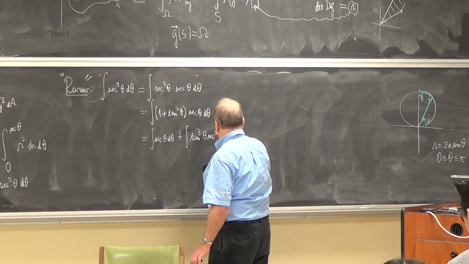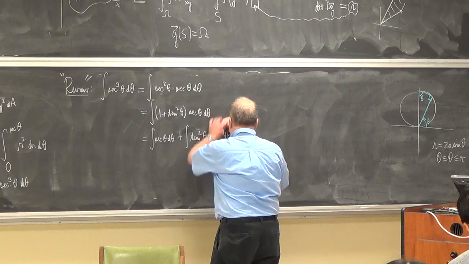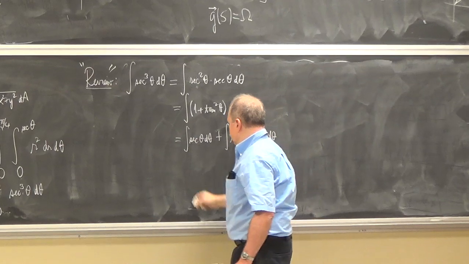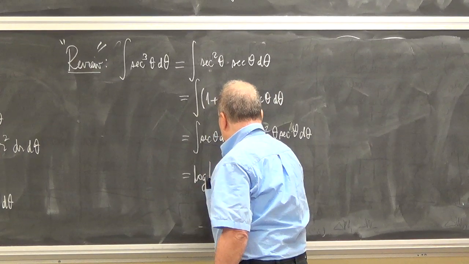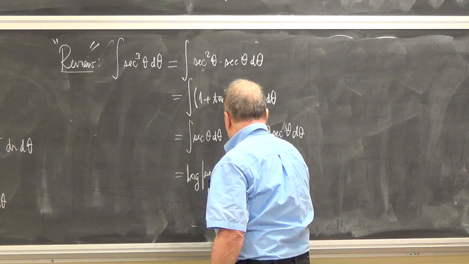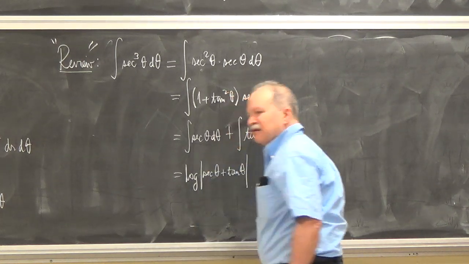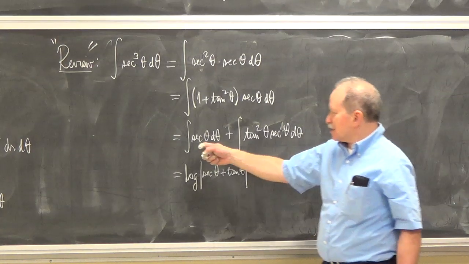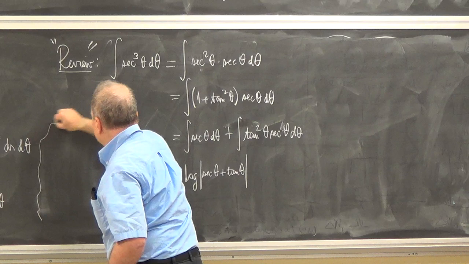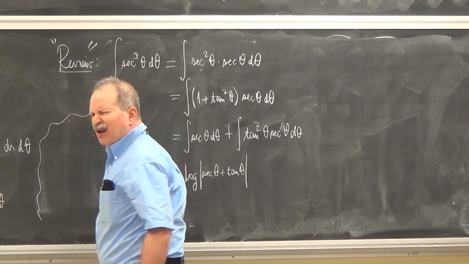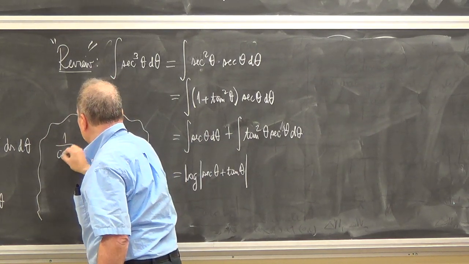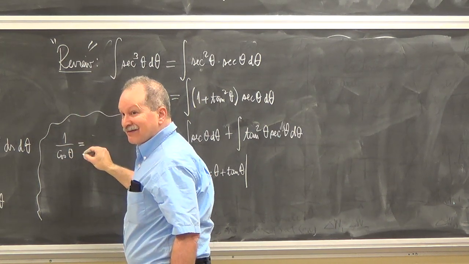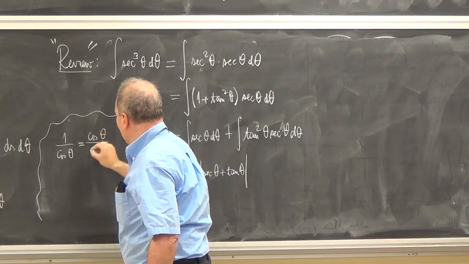And then there's this new integral. Whoops. Integral of tangent squared secant. So this is log of secant plus tangent. There are ways to derive that without just having a trick. You can write 1 over cosine, which is what secant is, as cosine over cosine squared.